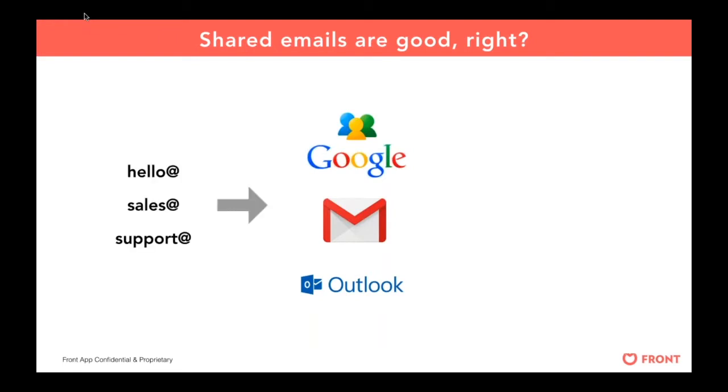Now, circling back to Google Groups and shared email accounts, some of you are probably managing communications this way, and maybe this is working out all right for you, but having company email addresses like hello@ and info@ give people an easy way to contact your company, which is great.